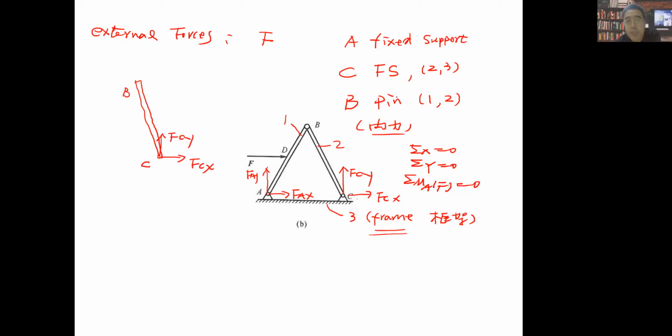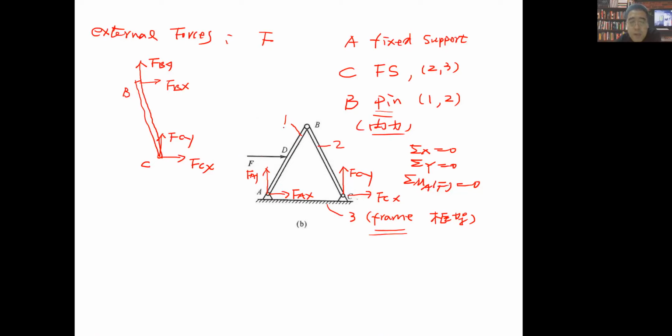And at point B, because this is a pin, it should have FBX and FBY. These two forces are acted by rod AB, right? Do you guys understand that?